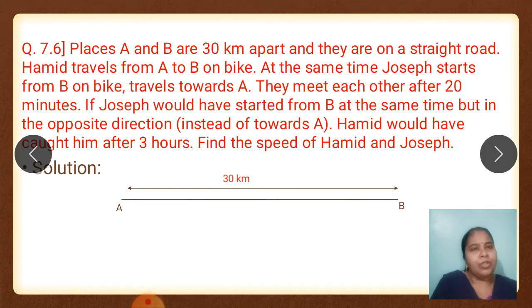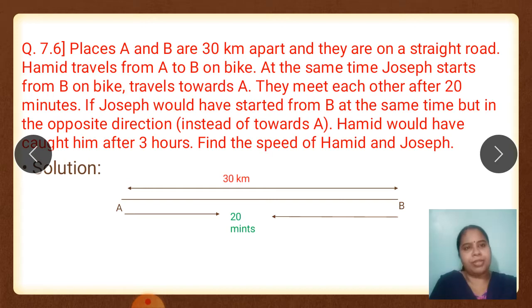Now I hope you are understanding the question, that A starting from here, B starting from here, and both will meet after 20 minutes. Now see. He is going in this direction, B is going in this direction, and when are they going to meet? After 20 minutes, right? This is a diagrammatic representation of the first condition.